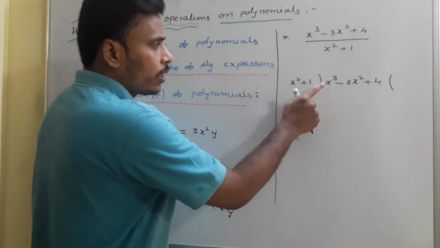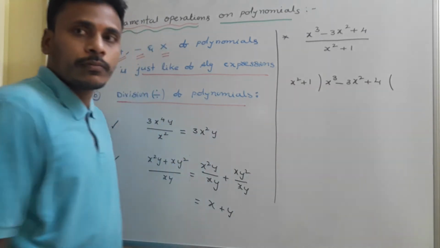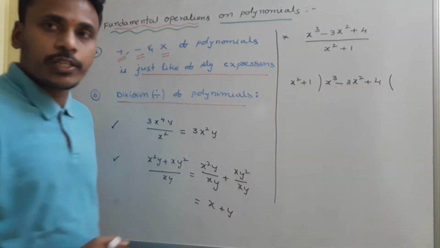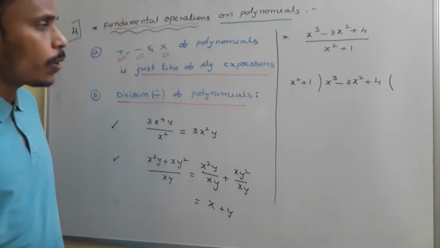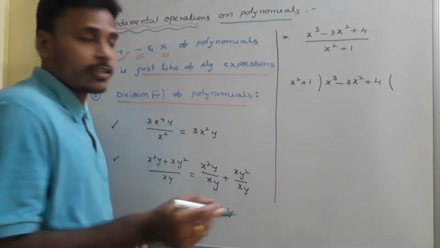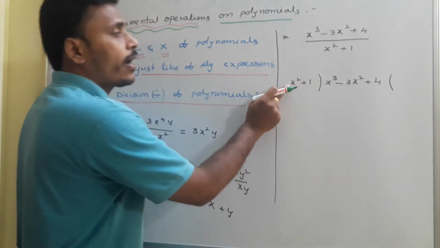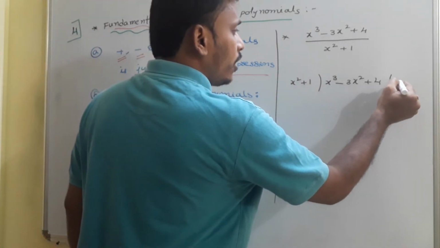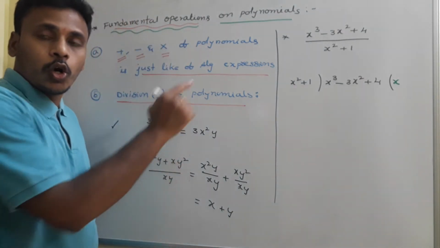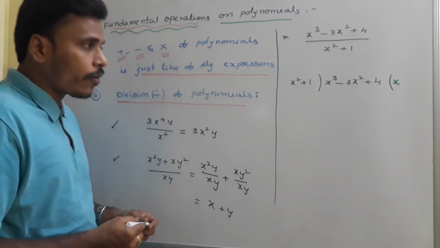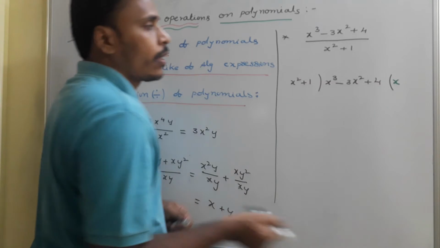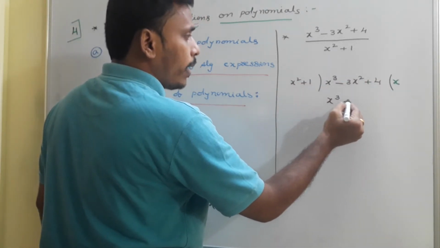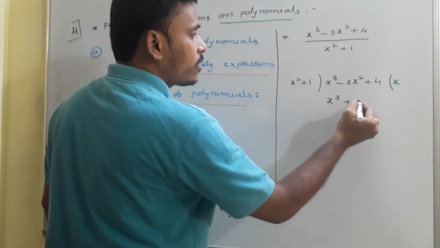See, first of all, the first term of the dividend is x^3, and the first term of the divisor is x^2. You divide the first term by the first term. x^3 divided by x^2 is x. Write that x in the quotient part. After writing x, you multiply: x into x^2 is x^3, plus x into 1 is x.